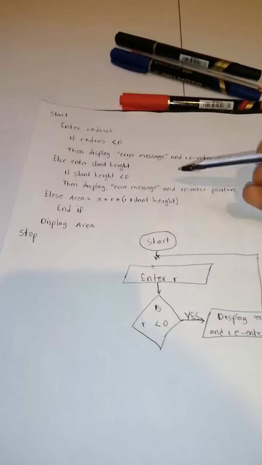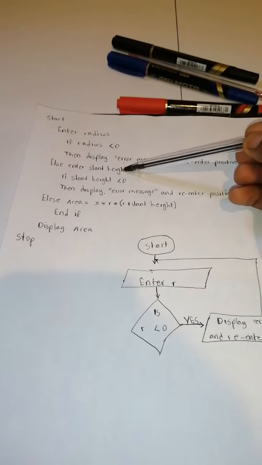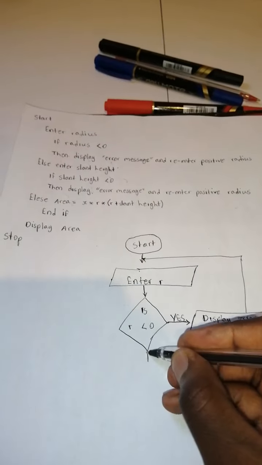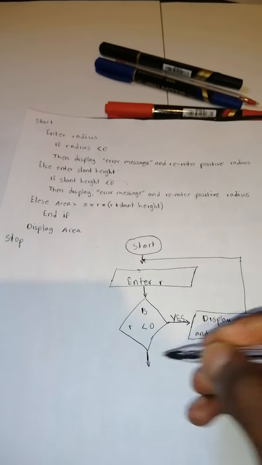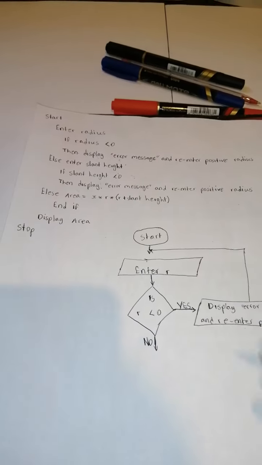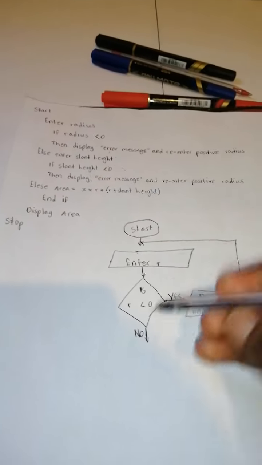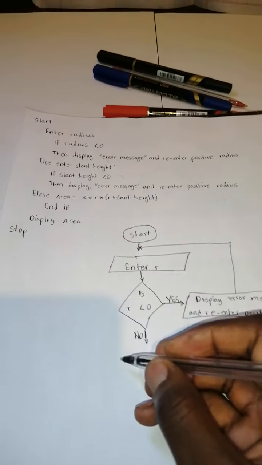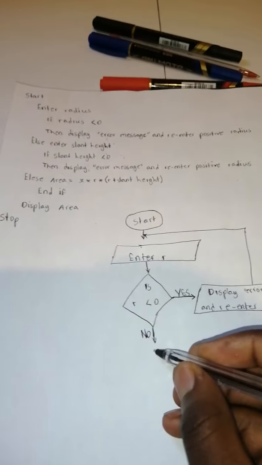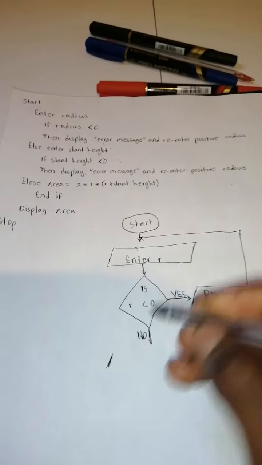So we are done with this step. Let's move on to the next step. Here we have else enter slant height. Whenever you see else, you're going to draw an arrow going down like that, and beside this arrow you're going to say no. After writing no, notice that we have enter again here.